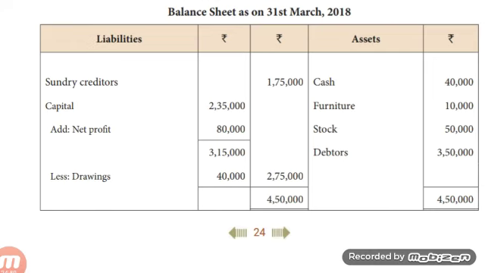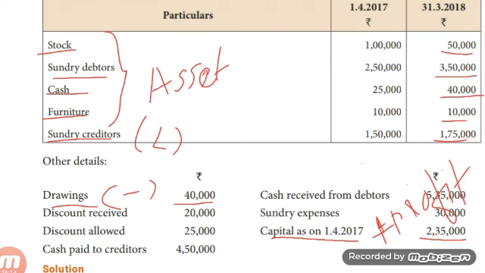Okay. Children, here only one amount column is given on the asset side. You should provide two amount columns. That means you should do the balance sheet and the trading and profit and loss account on separate sheets, that means using two sheets. Okay. Then first enter the assets. What are the assets?